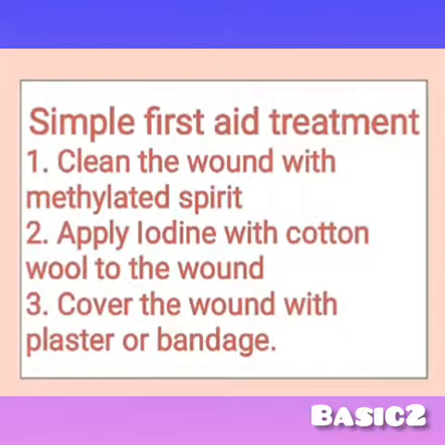This will help prevent the wound from being infected. Then apply iodine with cotton wool to the wound. After you've done that, you cover the wound with plaster or bandage.